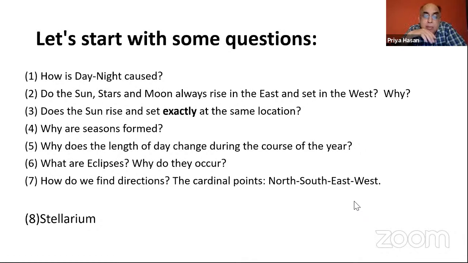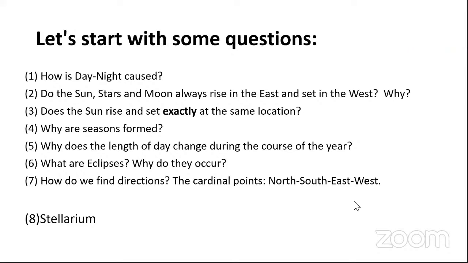So in January, say first week of January, it is winter with us. In India, in northern hemisphere, it is winter. So do you think Earth is at perihelion or aphelion? Peri means closest to the sun. Are we closest to the sun in January, or are we furthest from the sun in January?